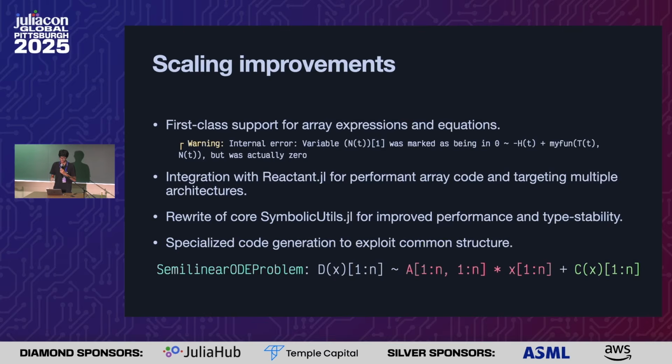So just as a disclaimer, this is still a ways off. We need array support and then to be able to target Reactant with our code generation. Reactant is a package that uses LLVM and MLIR to generate really efficient array code, because that's what MLIR is really good at doing.